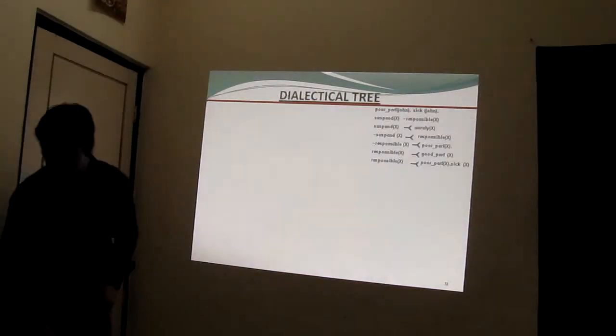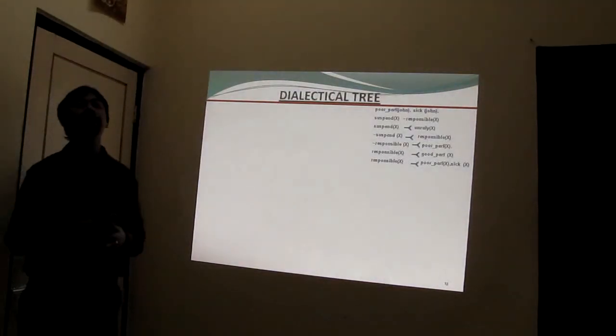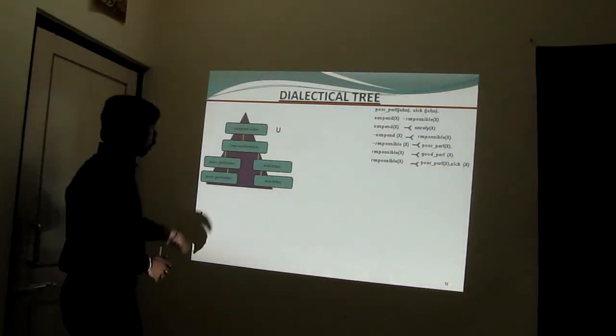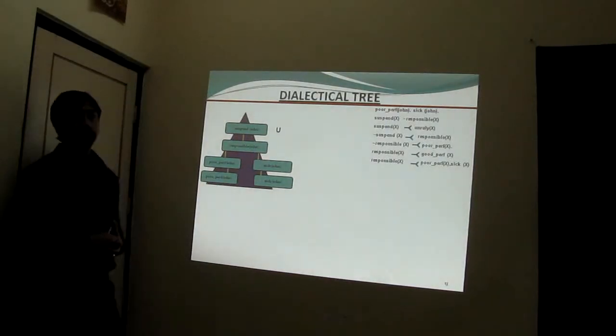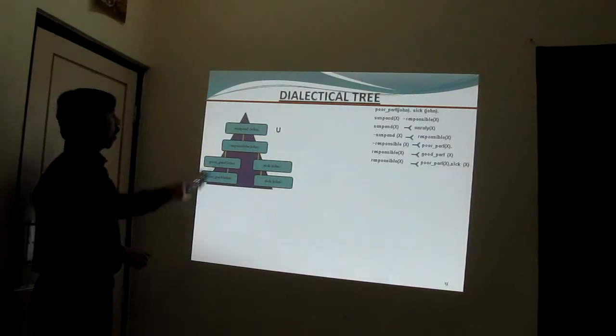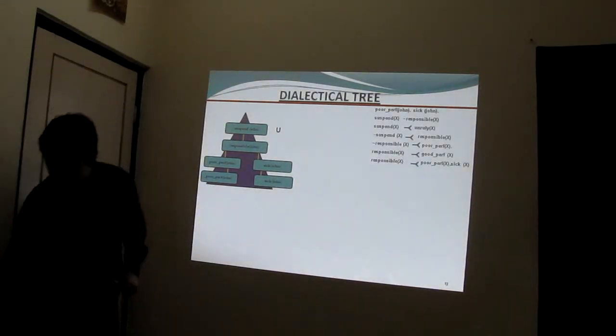Now we'll see how a dialectical tree is used to derive a conclusion in the defeasible argumentation process. We construct a node in the dialectical tree for John should not be suspended.